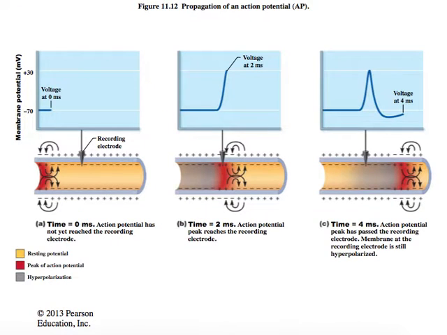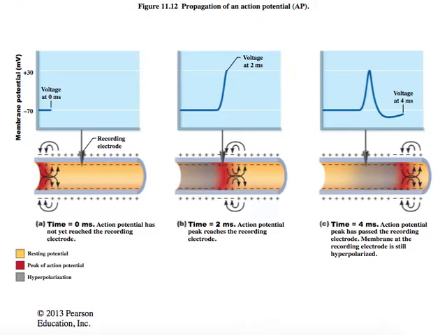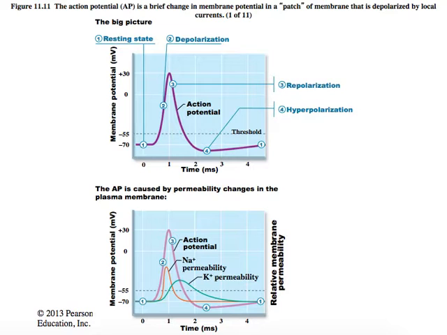All right, so let's look at the steps of an action potential. And I think the best one to look at is actually probably this picture. Again, draw your resting membrane potential versus time graph and draw your threshold, draw your numbers, -70, -55. Go ahead and draw 0 and +30. Draw your time in milliseconds, but this time make it only 4 milliseconds total.